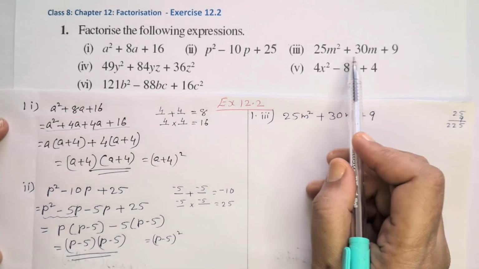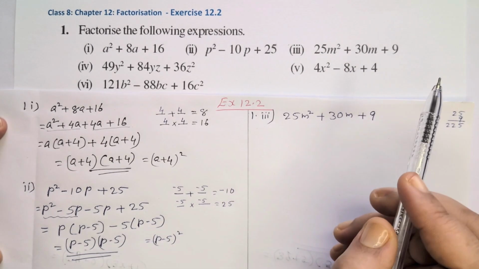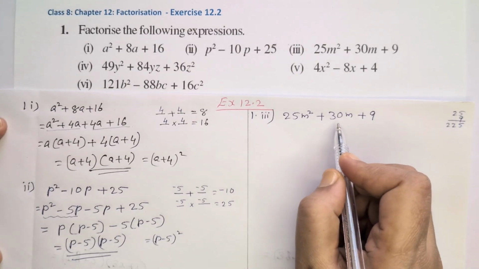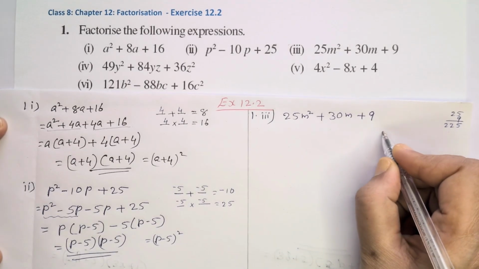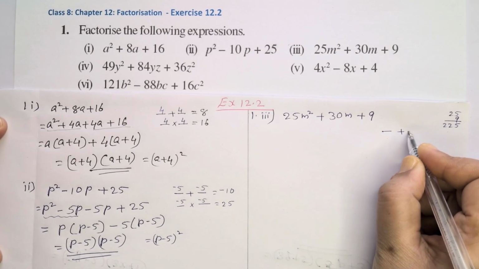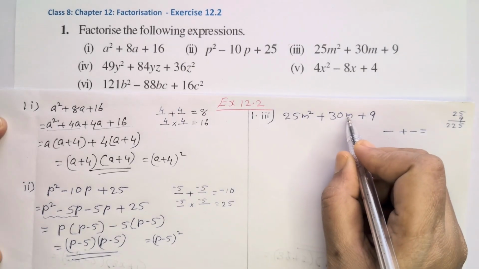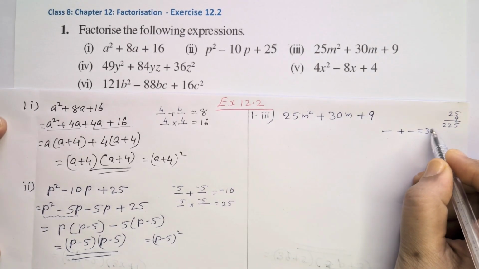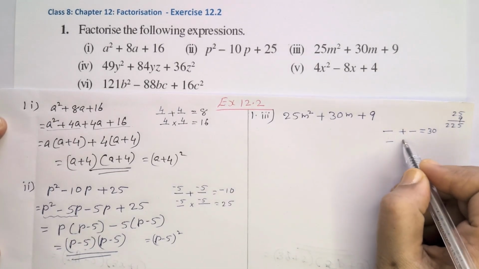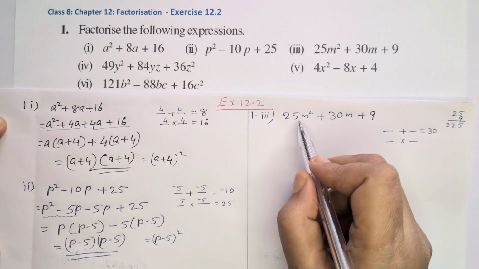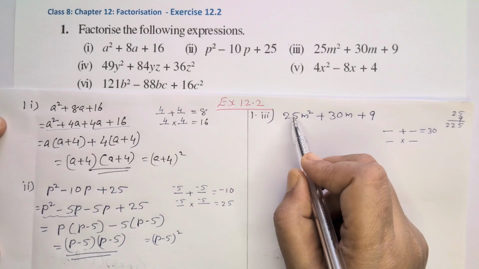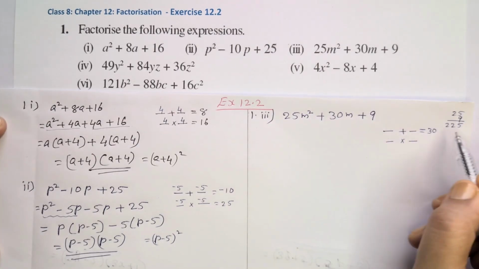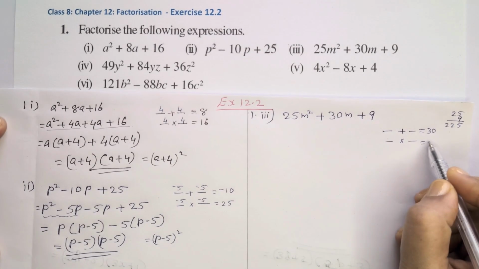Third one, 25m square plus 30m plus 9. Here, sum of two numbers, that is the coefficient of the variable m, that is 30. Product of two numbers, which means coefficient of m square into constant, 25 into 9, 225.